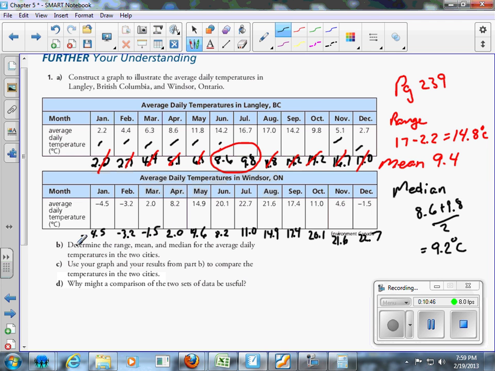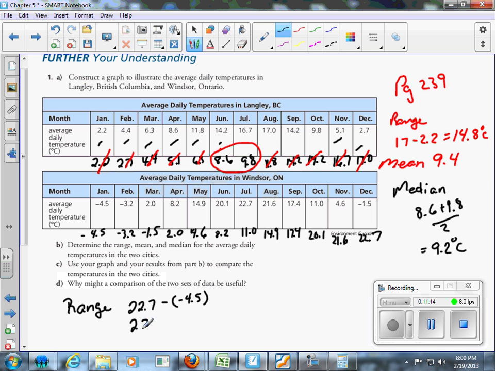So if I do it for the next city, same steps. First I'm going to find my range, and this is for Windsor, Ontario. Range is the difference between the highest number and lowest number. So 22.7, start with my highest number, subtract my lowest, so I'm subtracting a negative.